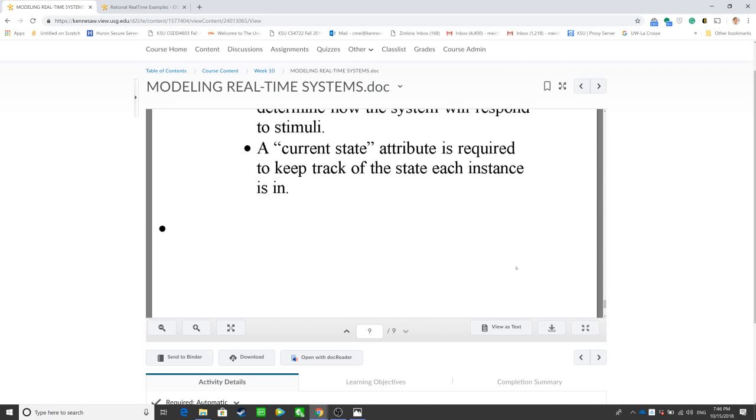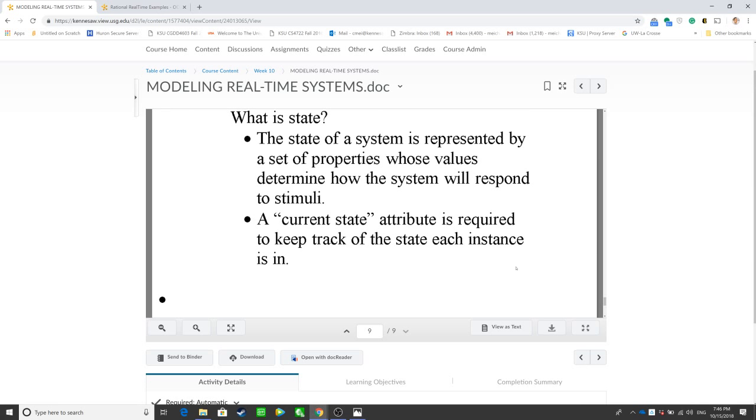And the last thing here today: what is state? The state of a system is represented by a set of properties whose values determine how the system will respond to stimuli. Like the ADT, the values decide which state it is in. And more importantly, these values will result in different behavior of that capsule.